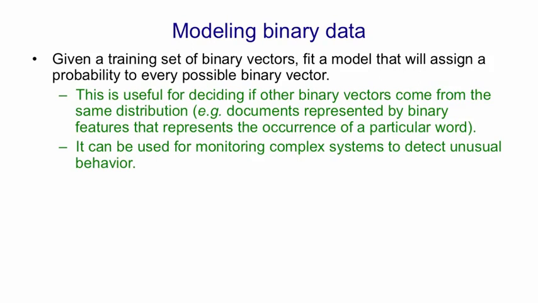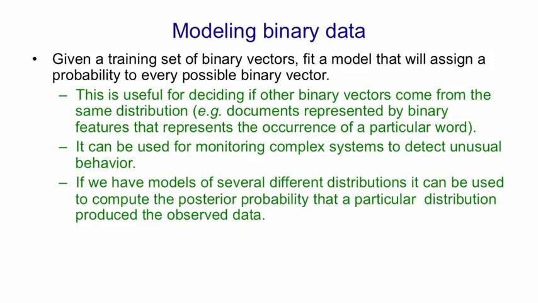And you don't want to use supervised learning for that, because really you don't want to have any examples of states that cause it to blow up. You'd rather be able to detect that it's going into such a state without ever having seen such a state before. And you could do that by building a model of what the normal states look like, and then noticing that this state is different from the normal states.